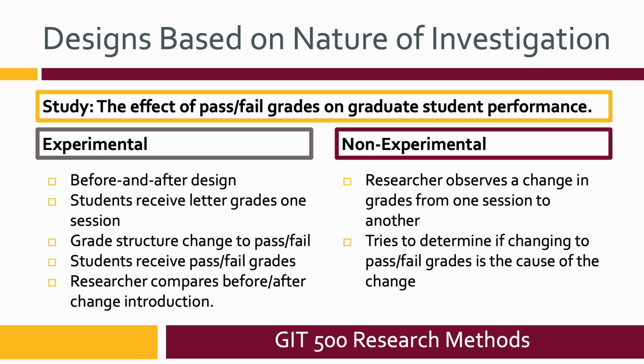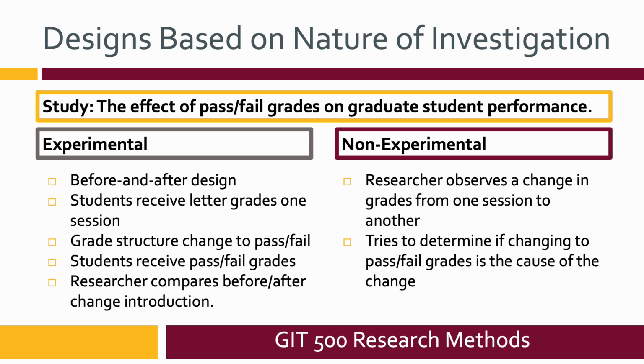Non-experimental, the researcher would just observe the change in grades from one session to another, and try to determine if changing to pass-fail grades is the cause of the change. So the experimental depends on a specific before and after data gathering. Letter grades first, and then the after is pass-fail grades.